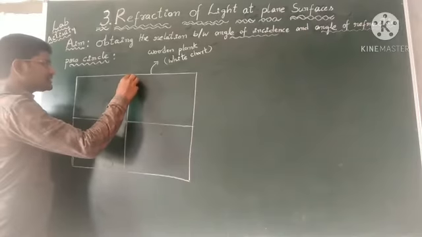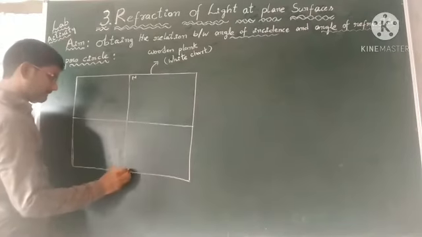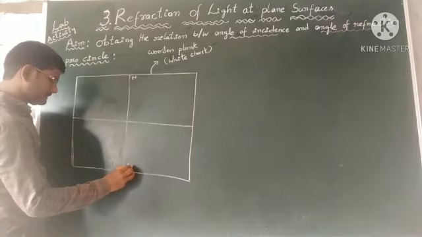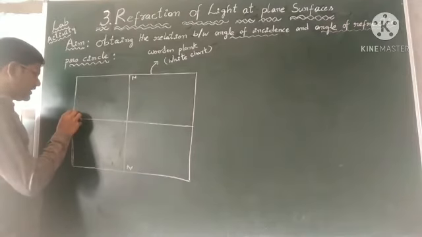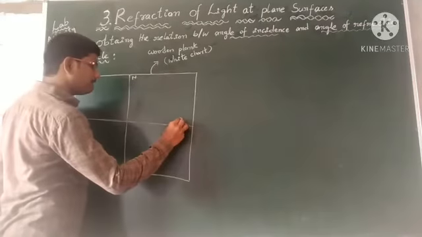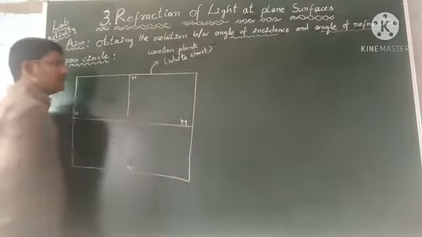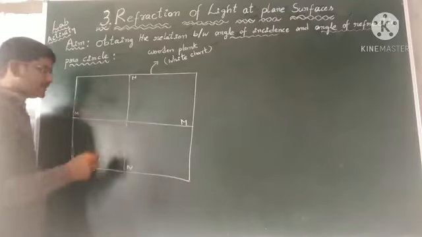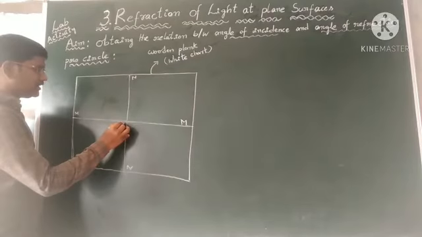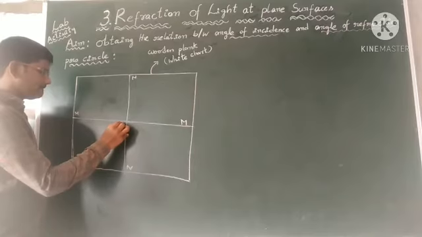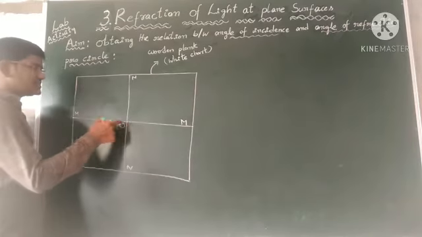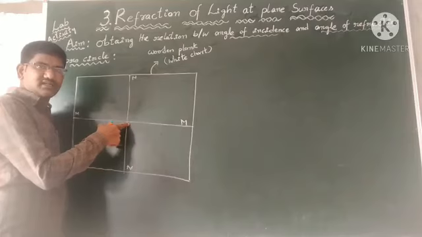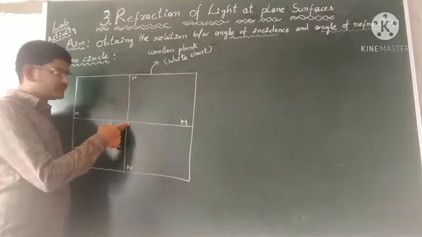Mark one line as NN and mark another line as MM, which is perpendicular to NN. Let the intersecting point be O. So both are intersecting here.